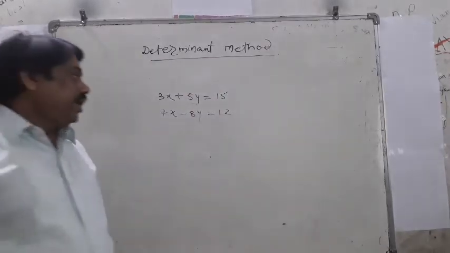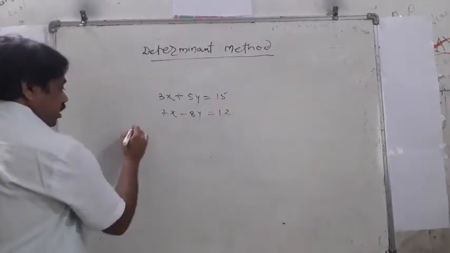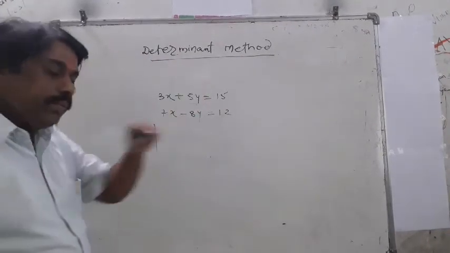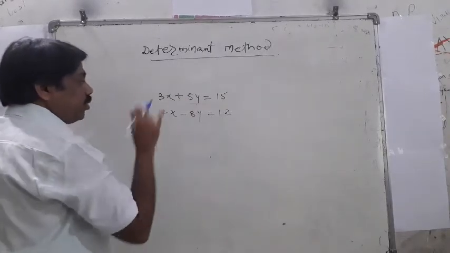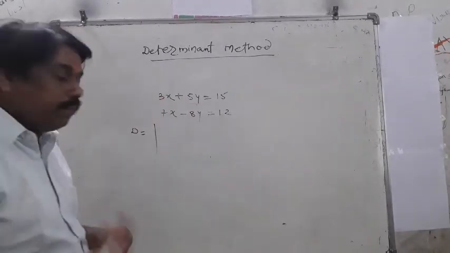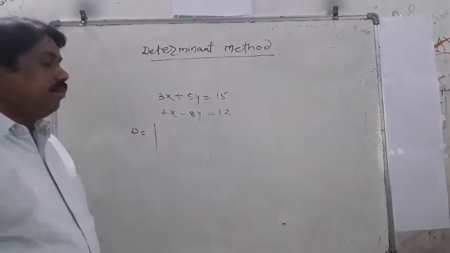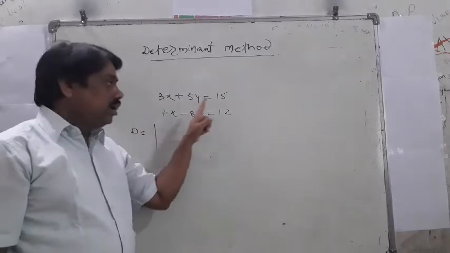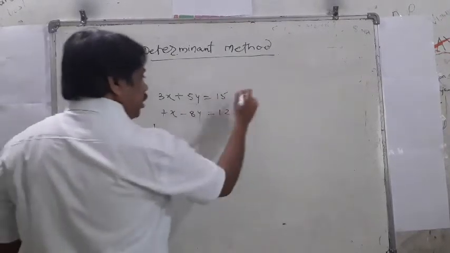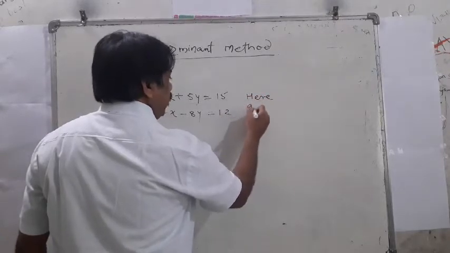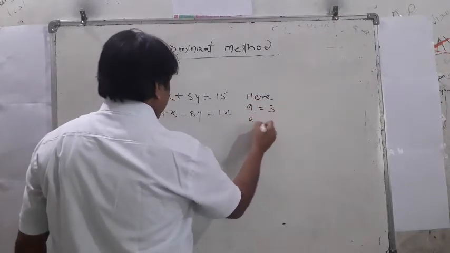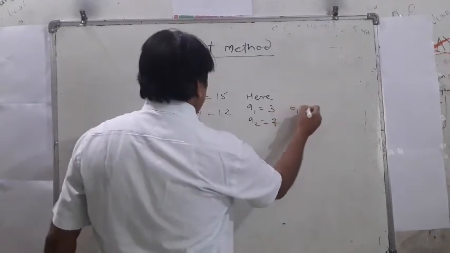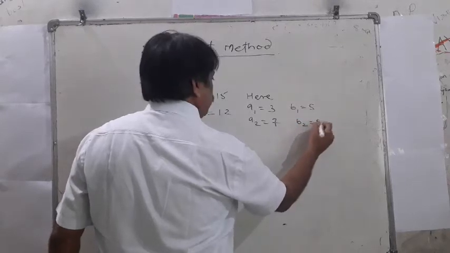Now how can we find the solution? First take D: a1, a2, b1, b2. By comparing a1x plus b1y is equal to c1 and a2x plus b2y is equal to c2, we get the values. a1 is equal to 3, a2 is equal to 7, the coefficients of x. b1 is equal to 5, b2 is equal to minus 8.